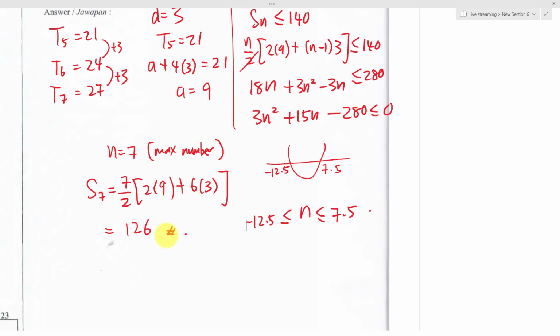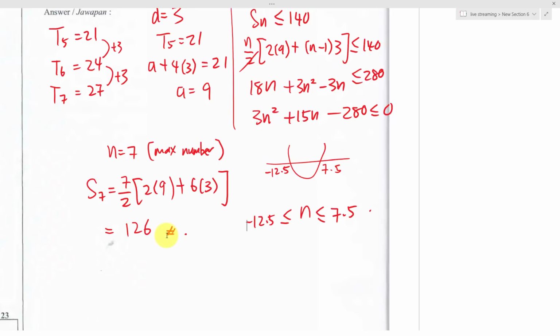So let me check the marking scheme, because sometimes they allow you to straight away factorize using the calculator, but I'm not so sure here. Yeah, actually here they don't provide any mark for the formula. So I guess maybe you don't need to use the formula, also can.